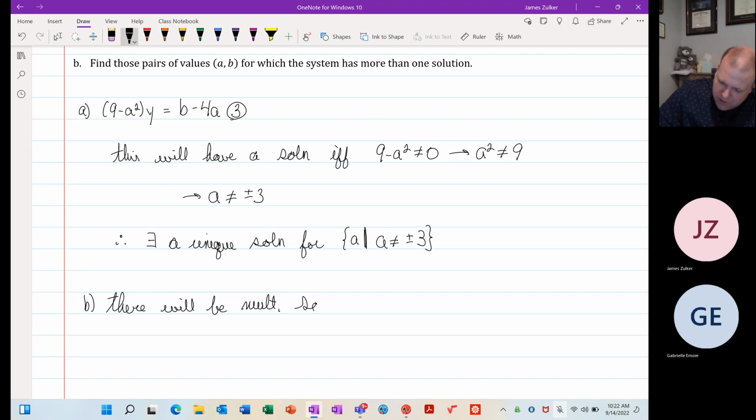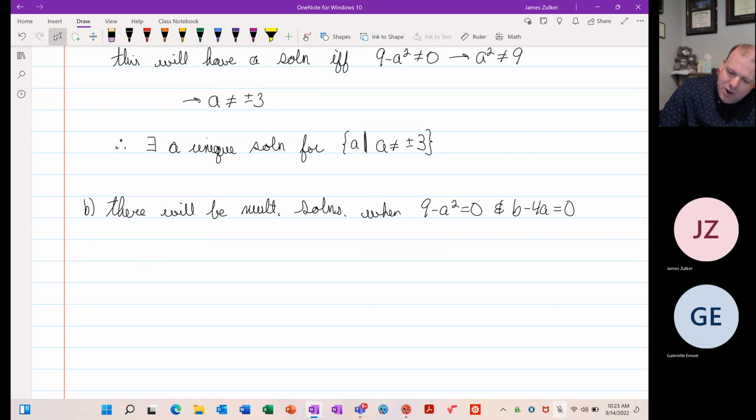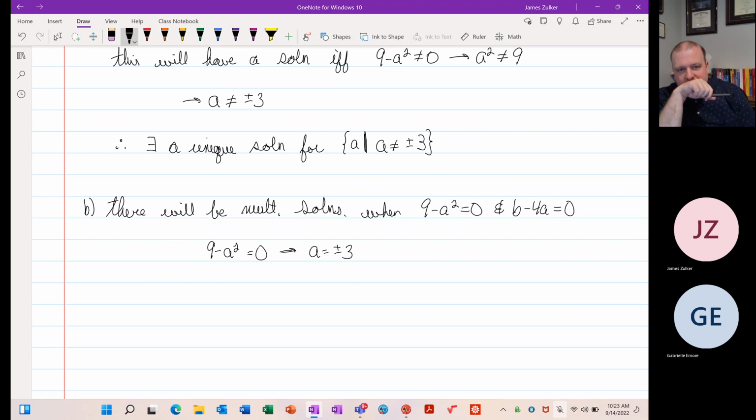Say there's multiple solutions when both sides are 0, right? So when 9 minus a squared is 0, and then b minus 4a is 0. Well, good news is we already know when 9 minus a squared is 0, right? That means a has to be plus or minus 3.